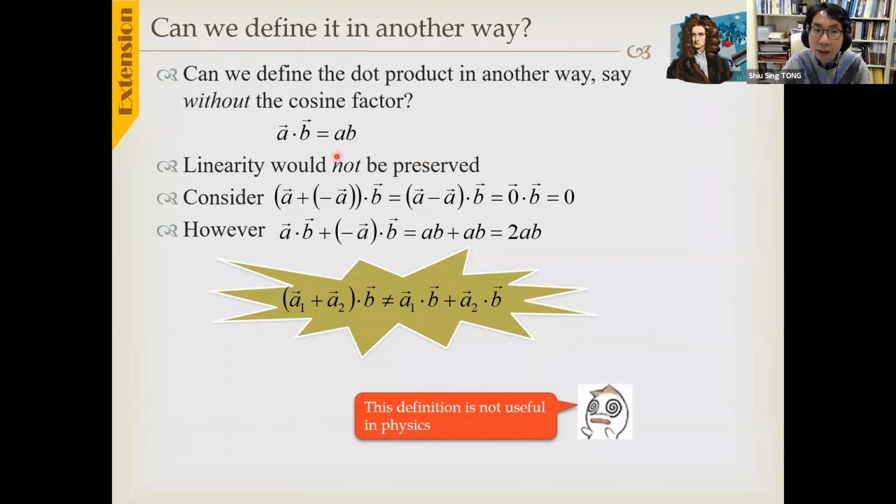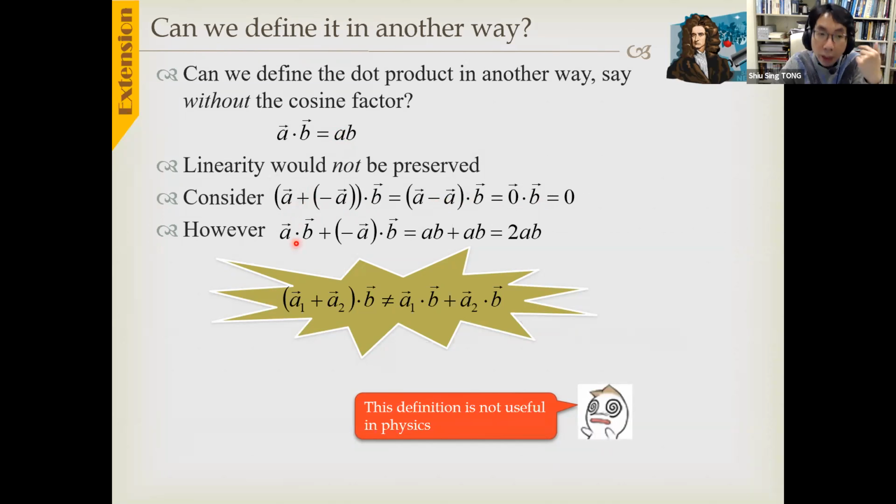Let's consider now I have two vectors A and B. First, I consider A added to minus A, then I dot with B. If this is the case, then A plus minus A must be 0, right? Then I have 0 dot B, and I get a 0 result, according to this definition.